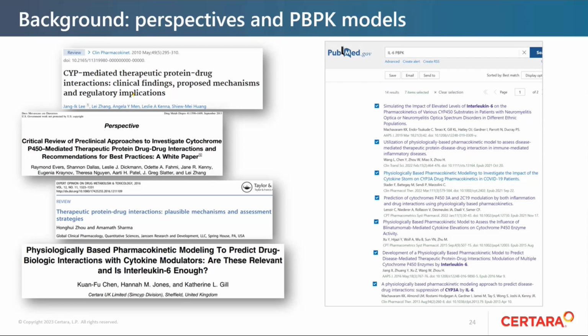In terms of the PBPK models, they are mainly focusing on IL-6 and its suppressive effects on CYP3A4. In fact, the majority of them have used Simcyp through a workaround approach, where IL-6 is modeled as a small molecule drug following continuous IV infusion to mimic the elevated IL-6 level in patients. And the prediction is fairly good, as Freddie has already shown you in that forest plot earlier.